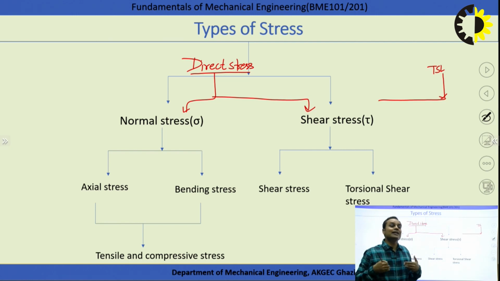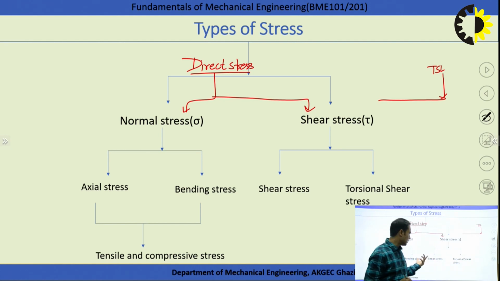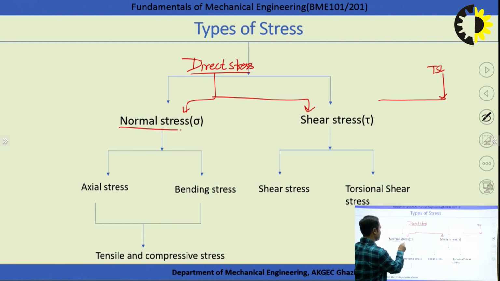These are indirect stresses, because after the application of the force, they are not produced directly. When the TSL is acting over the body, there may be a possibility that normal, shear, both, and also bending stresses are produced, right? So these are called indirect stresses. The main focus is the direct stresses. Normal stress, if we are considering load normal to the surface, as already discussed.